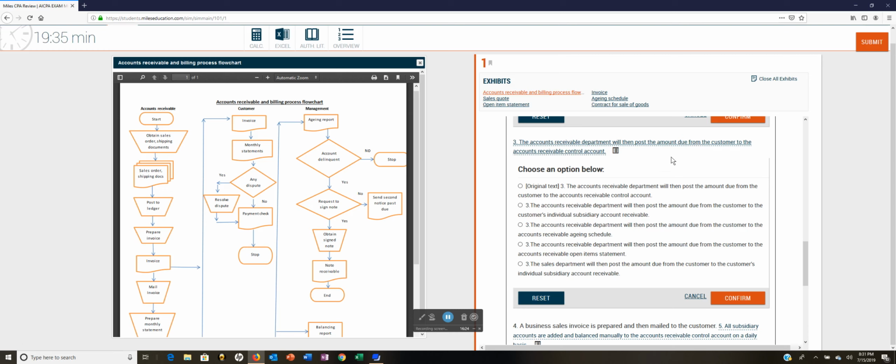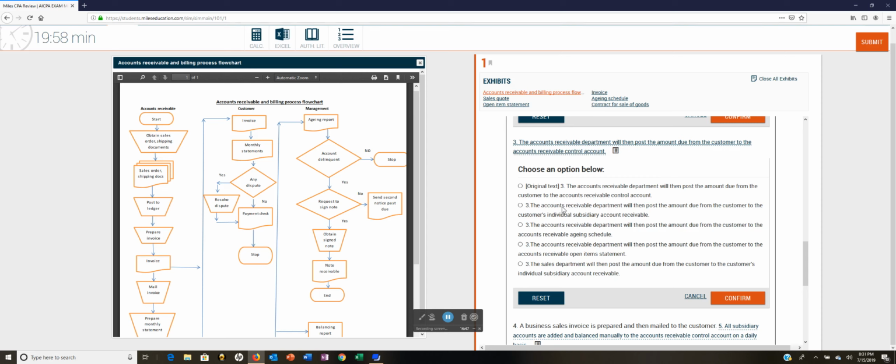If there was a posting to the control account, that would be done by the accounting department, not AR specifically. But we don't really see an accounting department anywhere in here. So we're already leaning to the idea that this is not the correct wording.